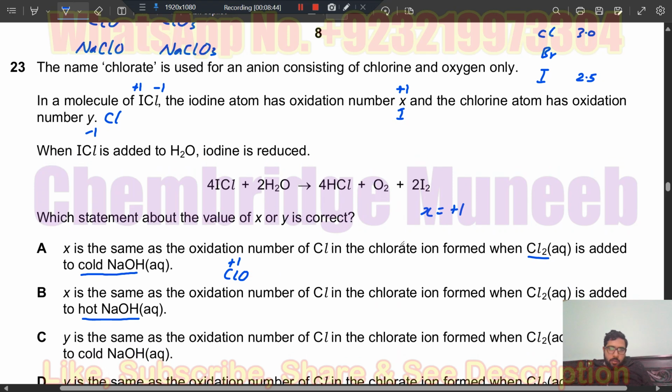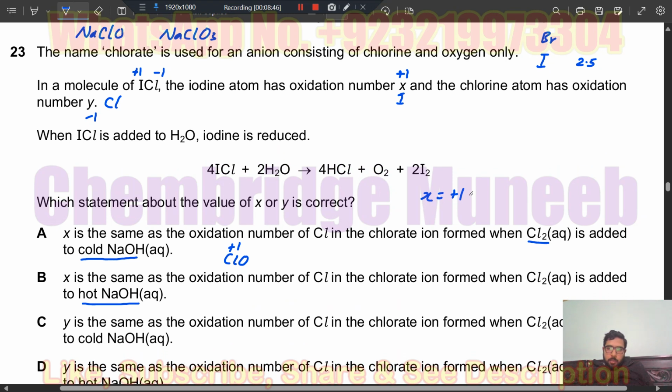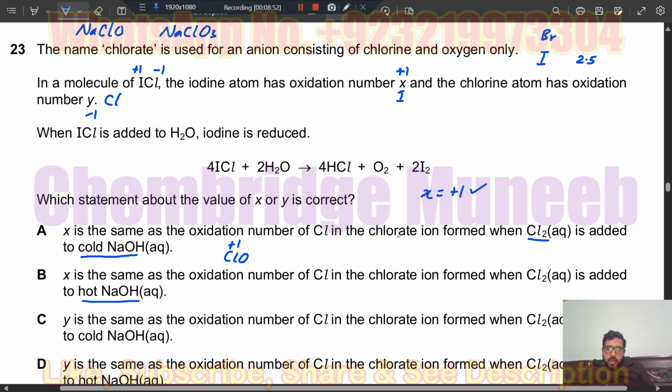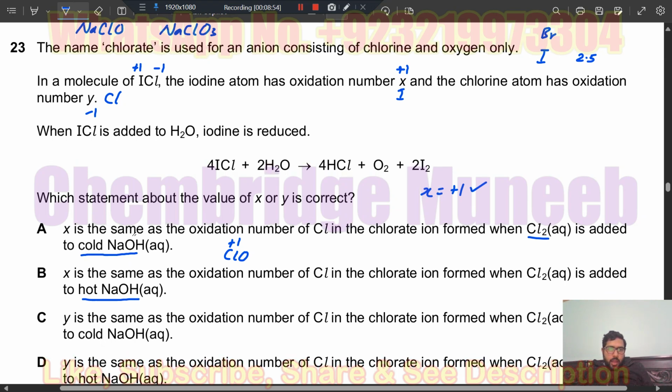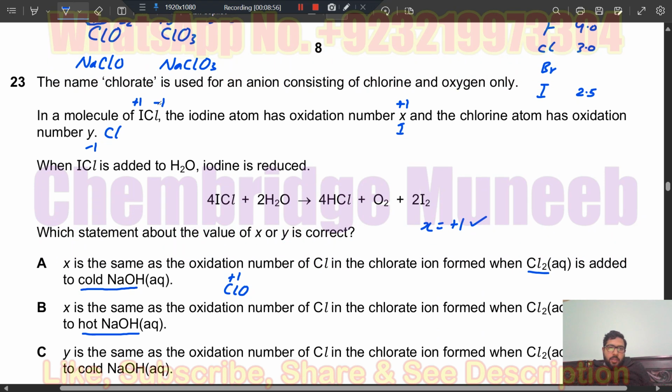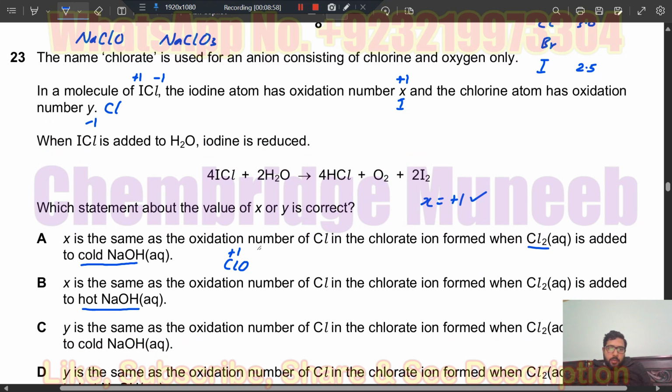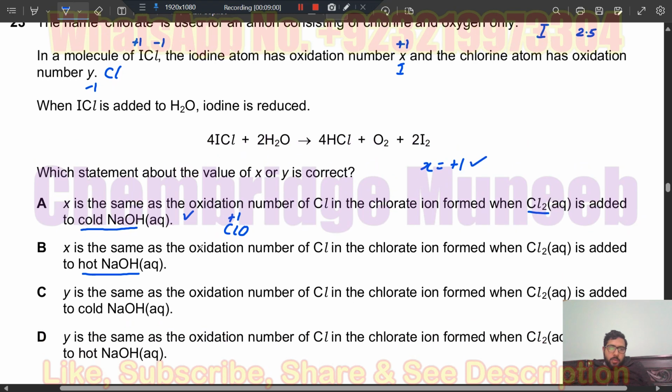So yes, both are the same value, +1. So these statements are correct.